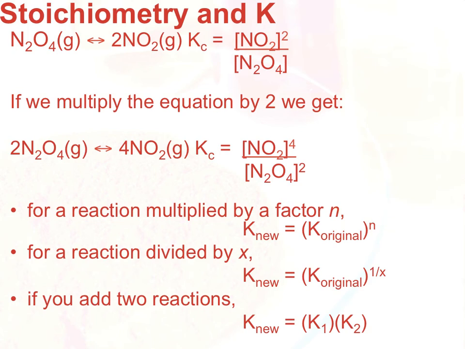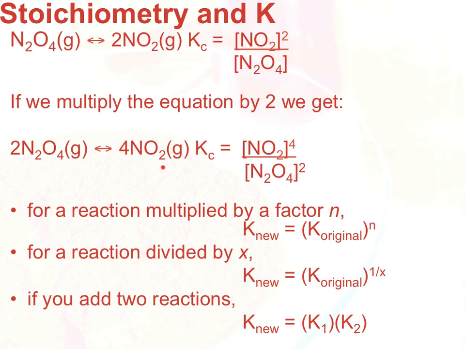Okay, so if we multiply an equation by some factor, in order to calculate the equilibrium constant for the new expression, we take the original equilibrium constant and raise it to the factor we multiplied by. In this context, we would take our Kc value from up above and raise it to the second power. Why?